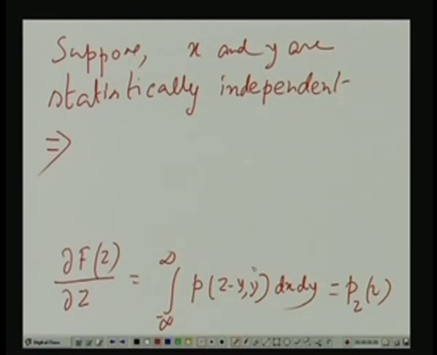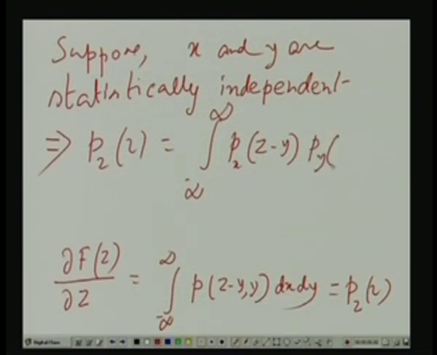So, in this integral it becomes p x of z minus y, p y of y, and this integral, I am sorry, there will be no dx, I am very sorry, because I told you you are differentiating with respect to z. So, you should get back p of x comma y with x replaced by z minus y. Okay, so, that integral with respect to x gone means dx gone. So, no dx here, only single integral. Okay.